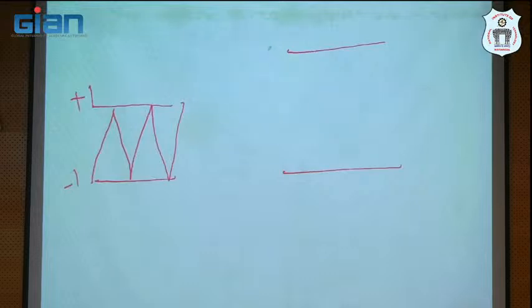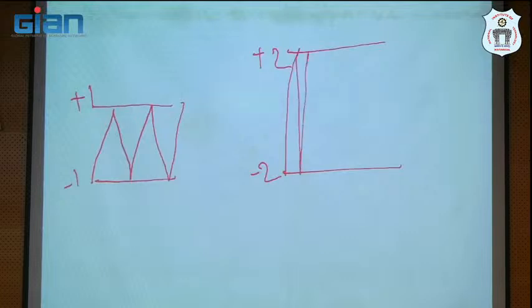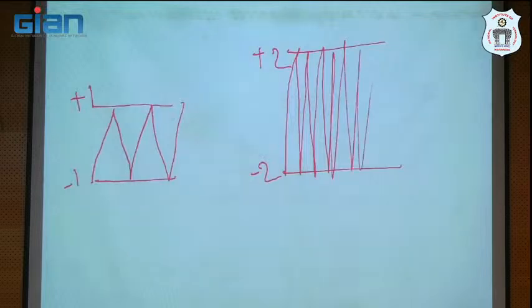In case 2, ripples are +2 to -2, but the frequency is more. Ripple frequency is more. In which case will your speed be affected more, case 1 or case 2?